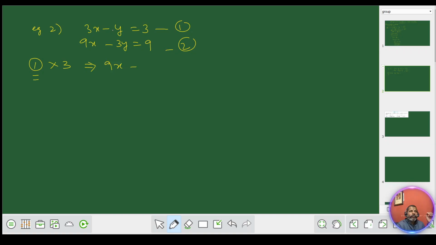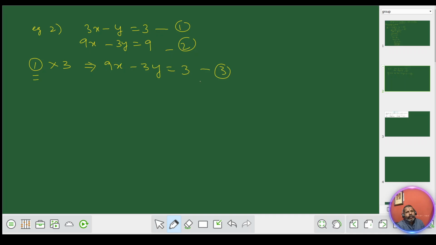There will always be a 1 behind y if nothing is there. So 3y equal to 3. Now if you observe the second equation and this newly constructed equation, they have equal y coefficients. This is 3. Now we can add or subtract.